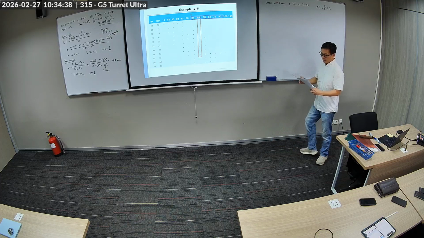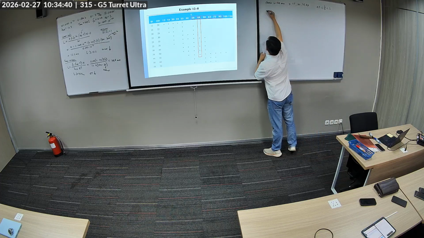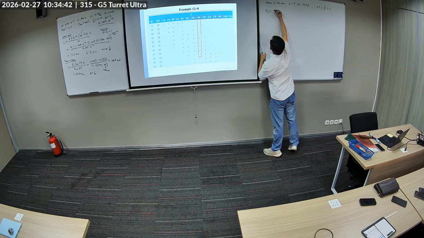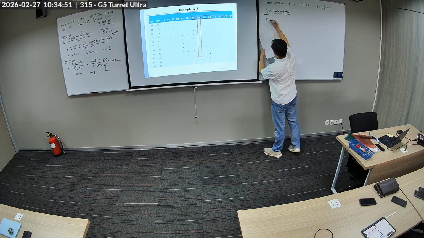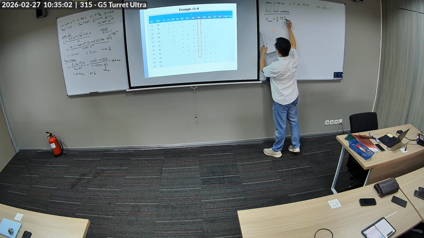After we select the D, we have to do a PV limits evaluation. We have Pmax equal to 4 over pi ND times F. Every time I have F, I just multiply it with ND.